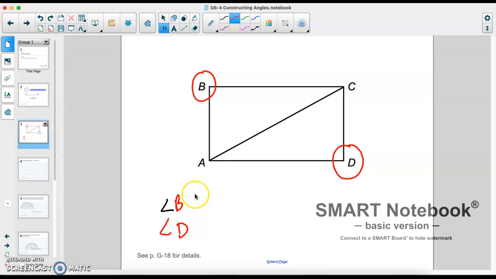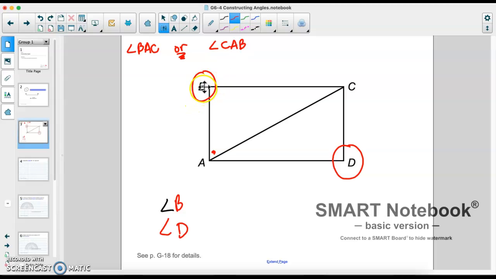Actually, all the other angles in it, because of this diagonal line, you have to list using three letters. And so, for example, if I want to measure or name this part of the angle, I actually have to say that it's angle BAC, and it goes both ways, I can say that it's angle CAB.